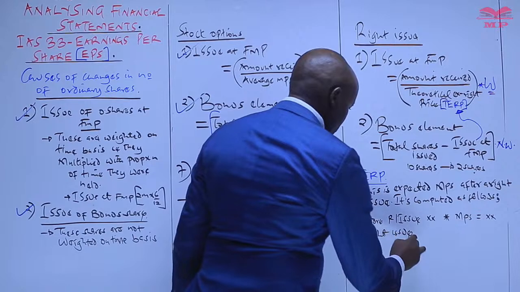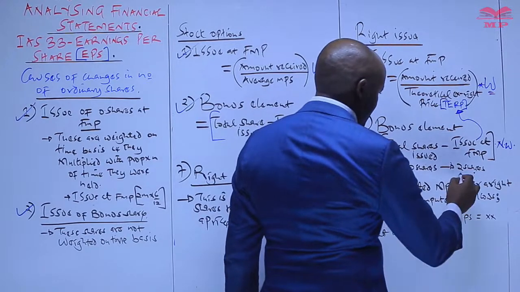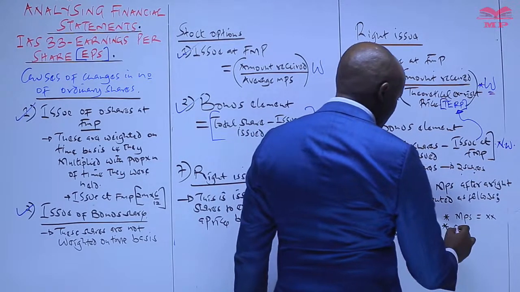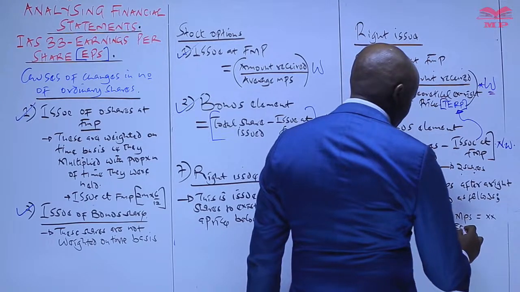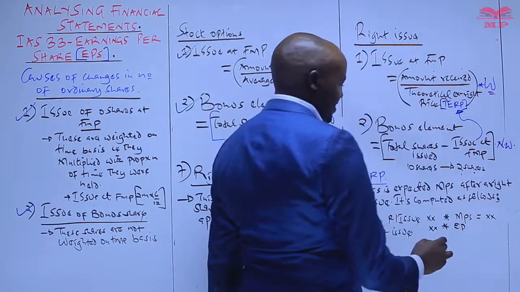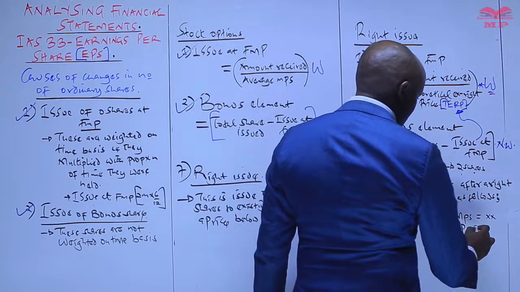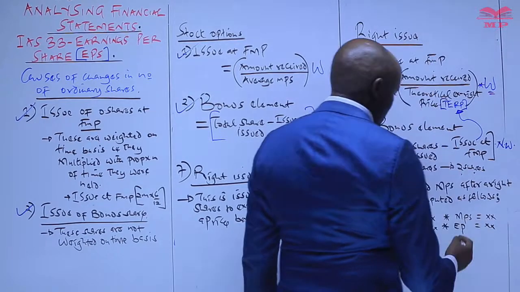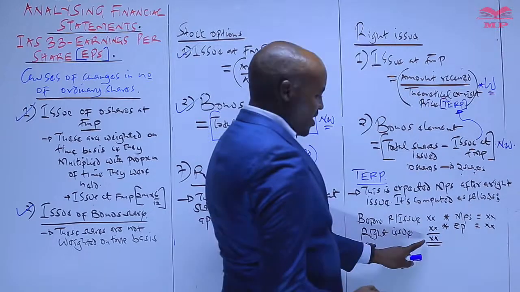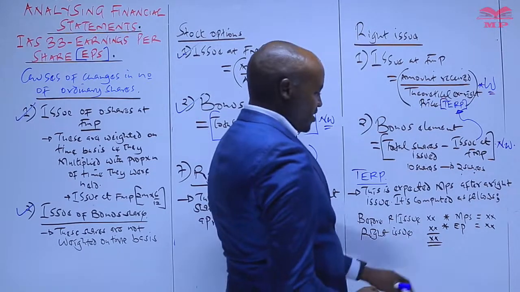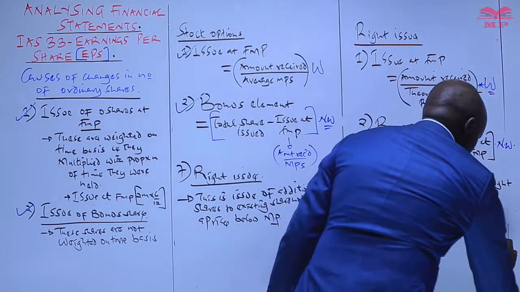And then you take the shares which were issued during the rights issue, like in this case, there were 2. Those shares were issued at a price, and that price we refer to as the exercise price, EP. So multiply the 2 by it. And then you get the total shares which will be held after the rights issue, and the total value.